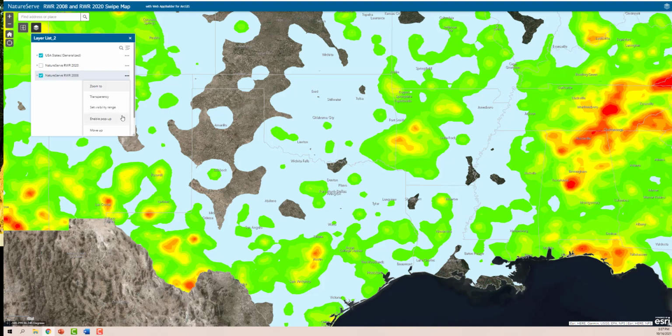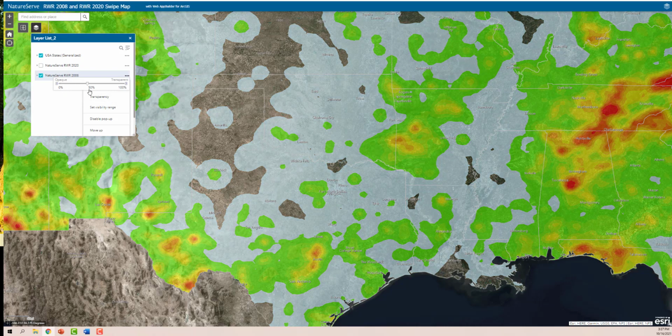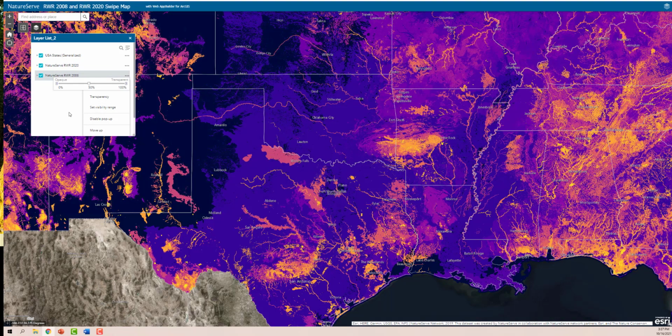We can also look at other areas if we want to, and we can set a transparency. I'm going to go ahead and set this transparency here, and then I'm going to turn on our other data layer, and let's see if I can move this up, and I cannot. And so let me do it this way.